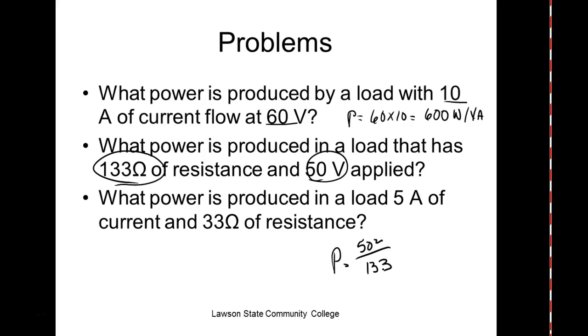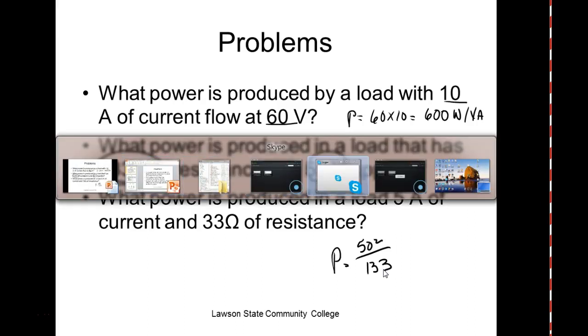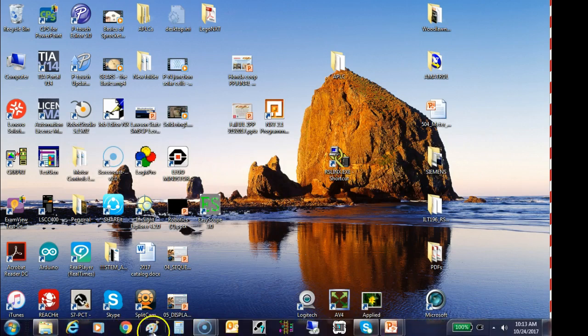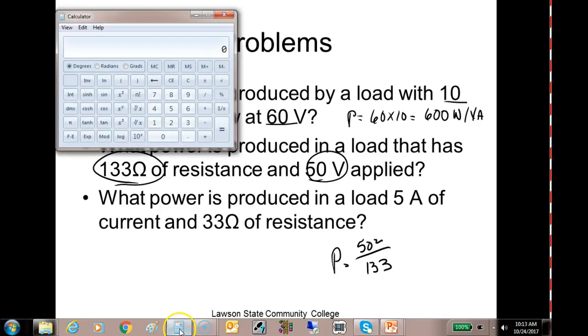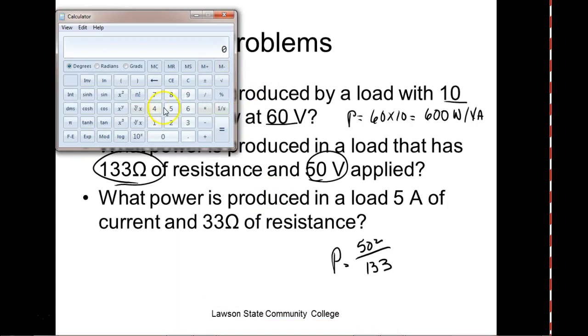I don't have mine in here. Well, that's not true. I got the world famous Windows calculator. So that would be 50 squared divided by 133. So that's going to be 18.8 watts. Okay? If I did that right.